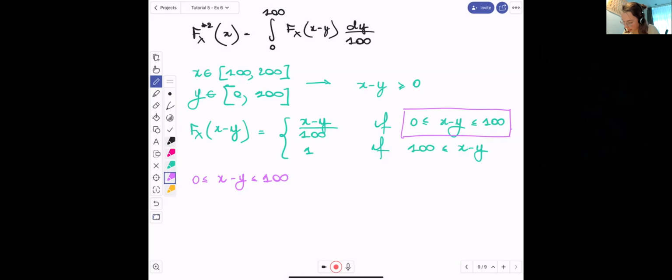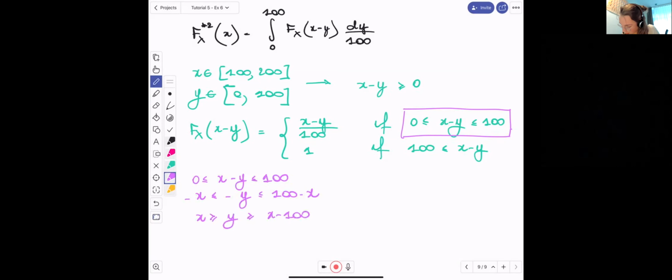So this is the case when, let me reformulate this a bit, minus x is smaller than or equal to minus y, which is smaller than or equal to 100 minus x. So this is the case when x is larger than or equal to y, which is larger than or equal to x minus 100.